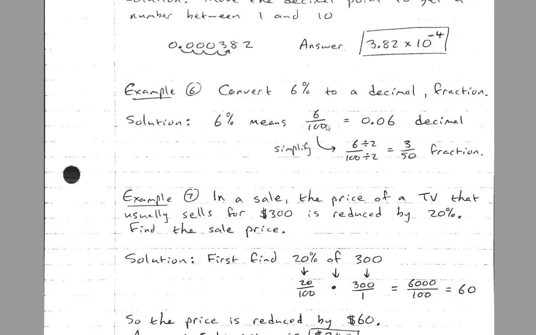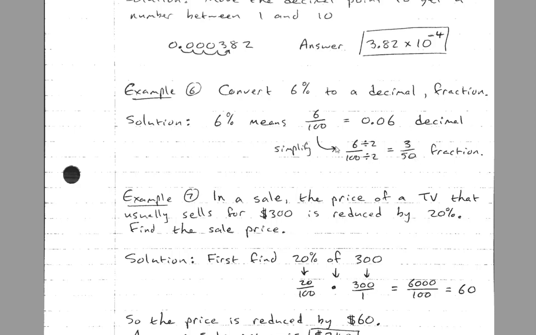So 6 over 100. We can simplify this fraction, cancel 2's, that's 3 over 50. So 6% as a simplified fraction is 3 over 50.